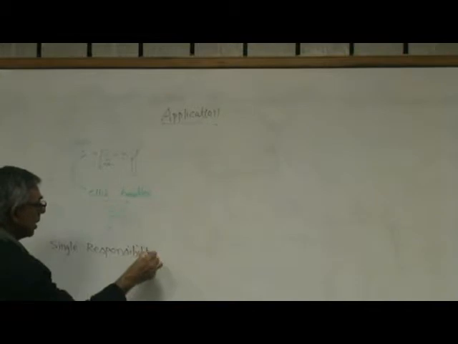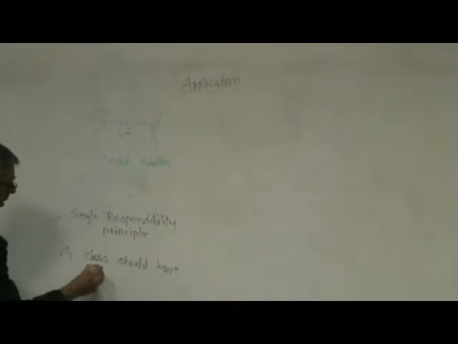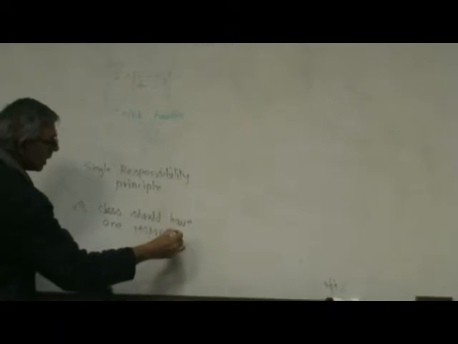Okay, what is the single responsibility principle? What it basically says is, if we create a class, it should have one responsibility. Okay, for example, if the class is related to the user interface, it only should worry about displaying the data in the user interface.